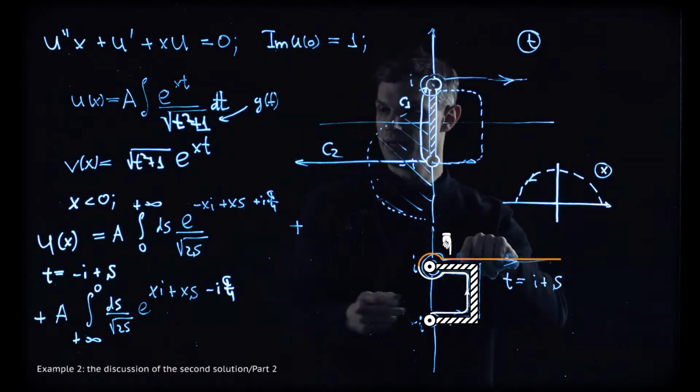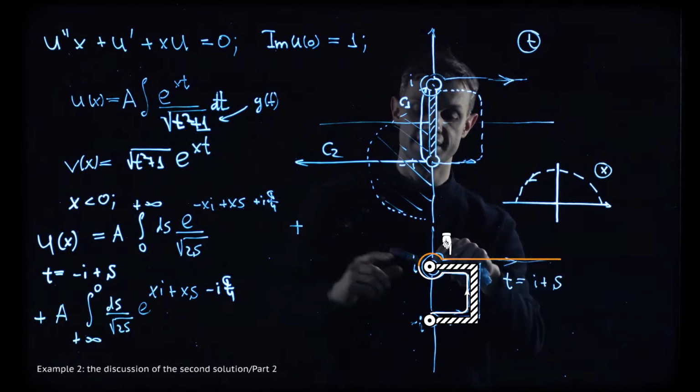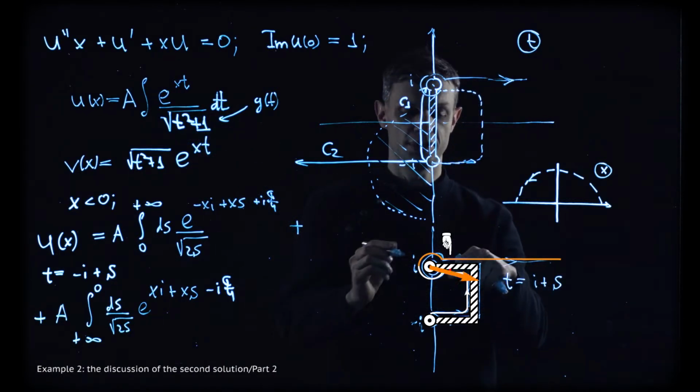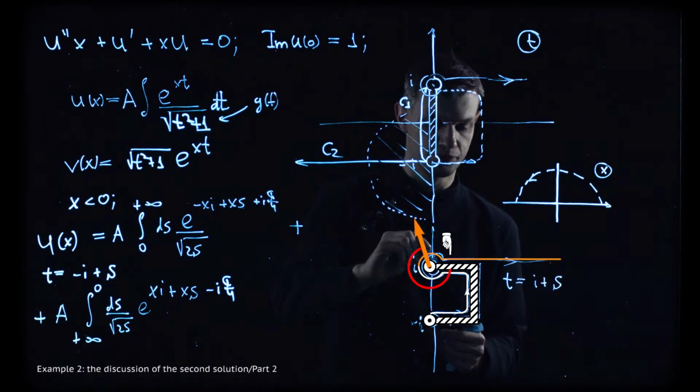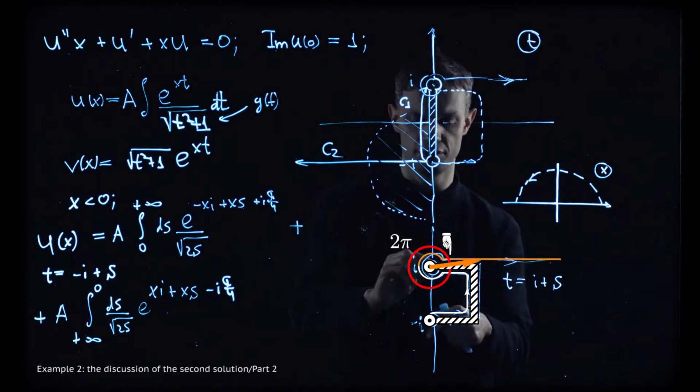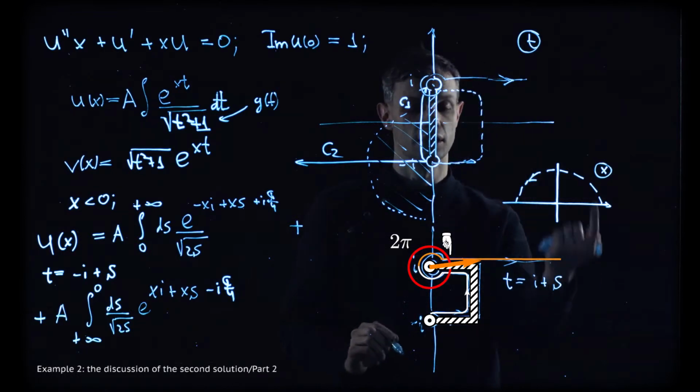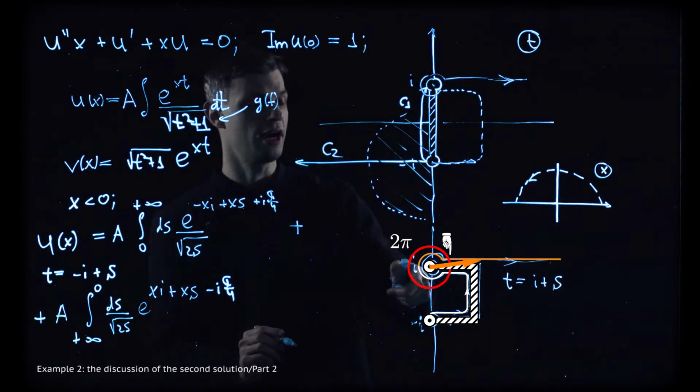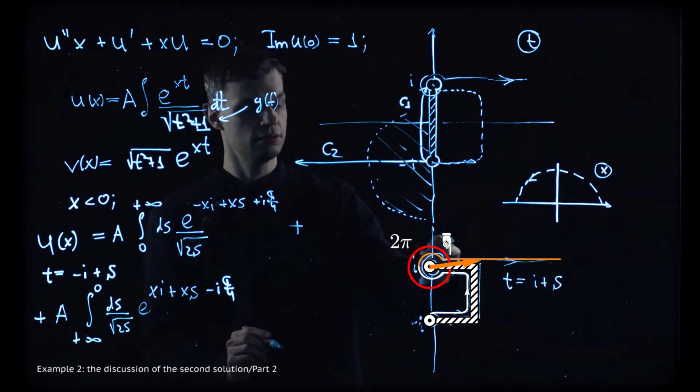And again, it's this t plus, t minus i factor which rotates by 2 pi from this direction, or 3 pi by 2 from the initial vertical direction, in the clockwise direction. So the change of the argument is minus 3 pi by 2.